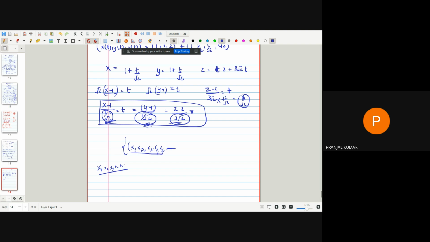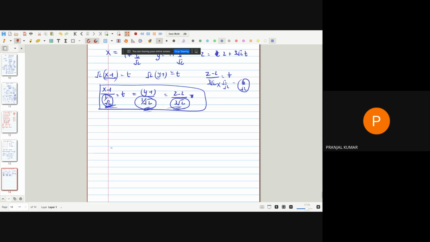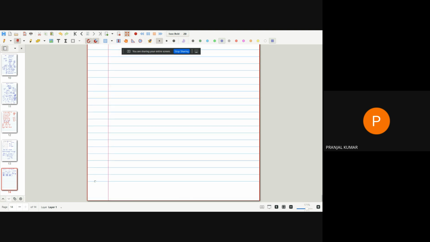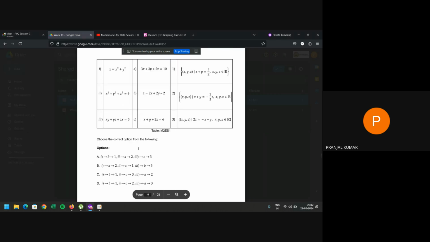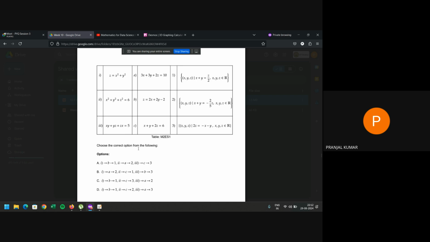You have 5 variables, your function of these 5 would be x5, a function f of x tilde. All these points will be your graph, so they will represent a surface. You cannot visualize it in R4, but it will be a surface, because we are dealing with functions which are real valued.